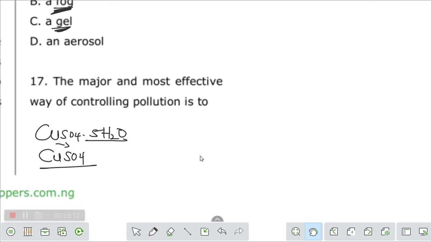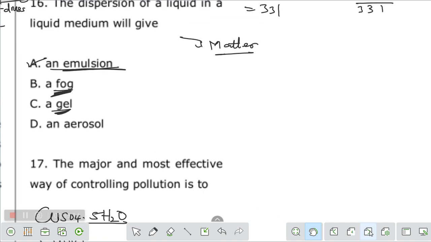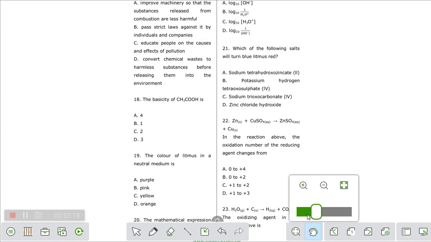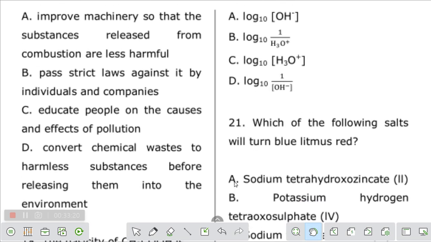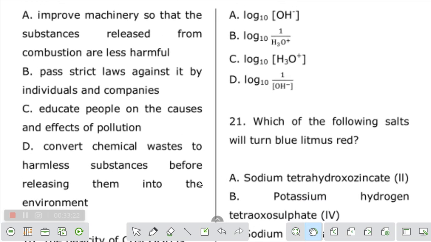So the major and most effective way of controlling pollution is, so how can we prevent pollution? Option A, improve machinery so that the substances released from the combustion are less harmful. Option B, pass strict laws against it by individuals and companies.